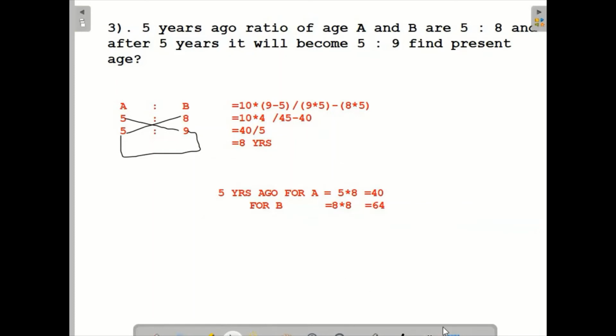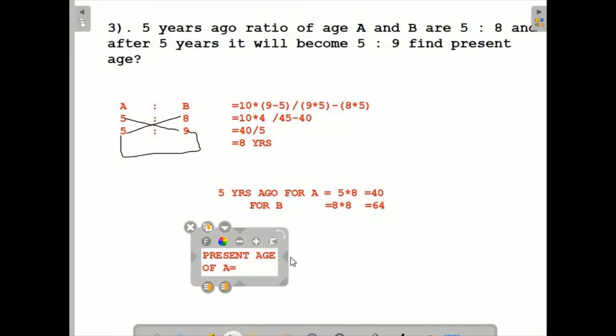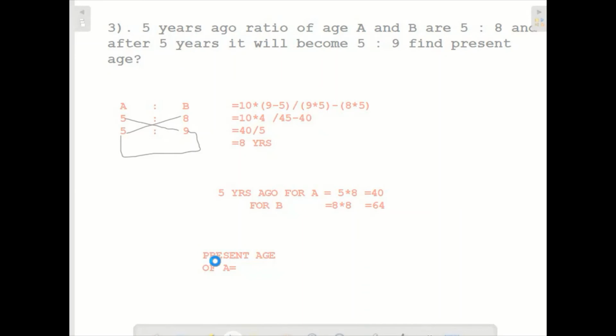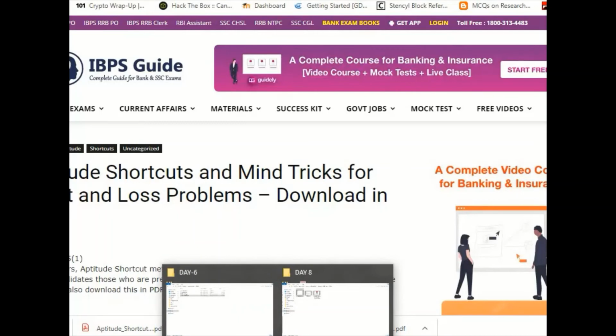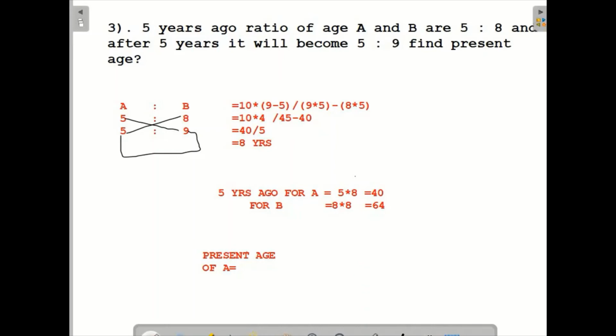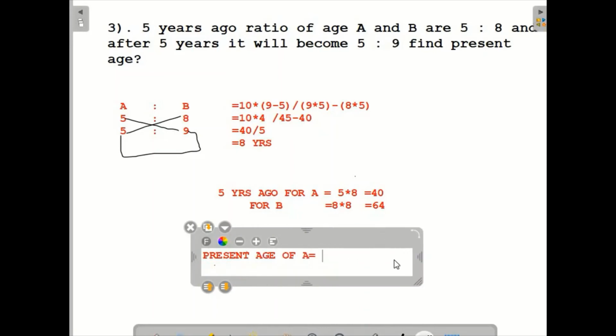So we have to calculate the present year age. So present age of A equal to, present age of A equal to, so we have to calculate the present age of A. So present age of A is 40 plus 5 equal to 45.